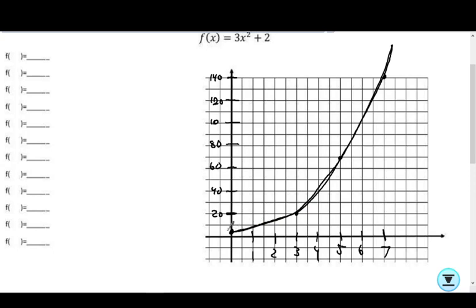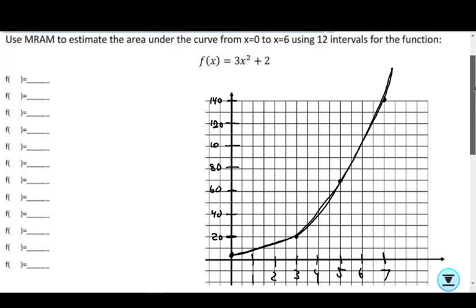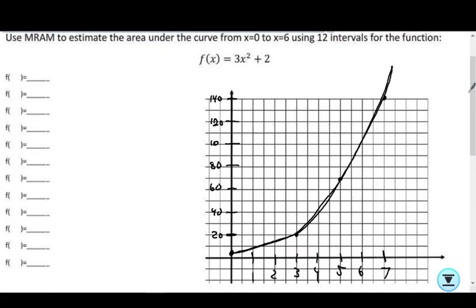I'm using MRAM, which means our rectangle is going to hit in the middle. Since I'm looking for the area from 0 to 6, and I'm using 12 subintervals, each rectangle is going to have a width of 1/2.